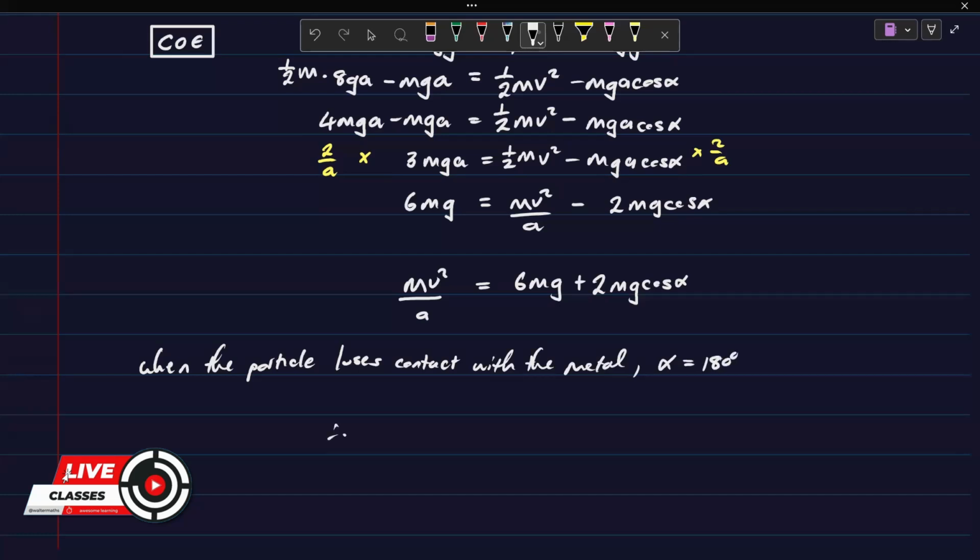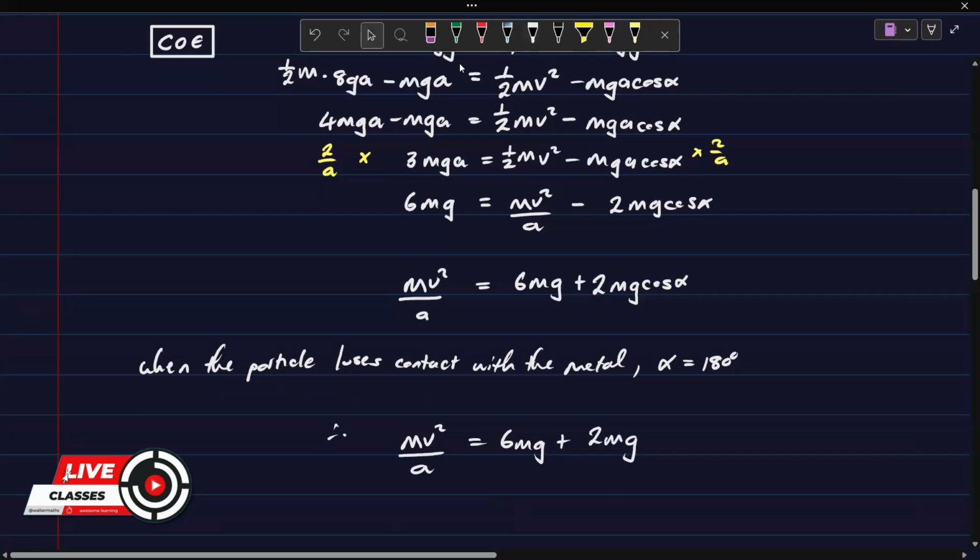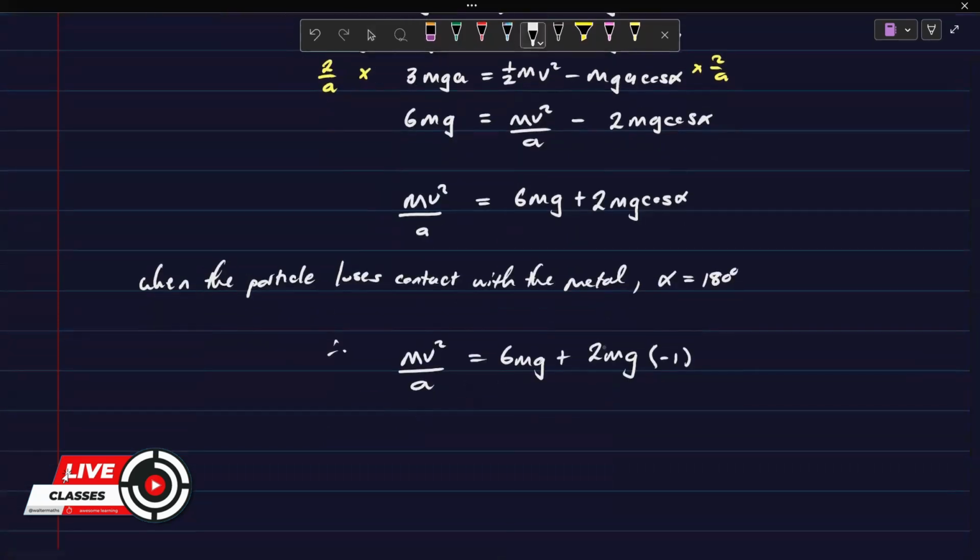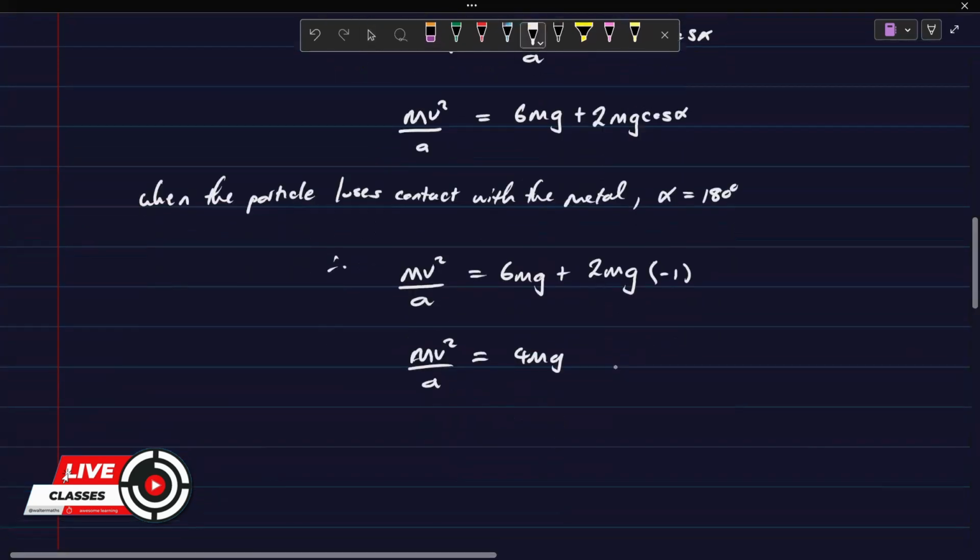So therefore, we will be having mv squared over a being equal to 6 mg plus 2 mg, and cos of 180 degrees is actually minus 1. All right. So we have mv squared over a is equal to 4 mg. And if we multiply both sides by a over m, then these will cancel.